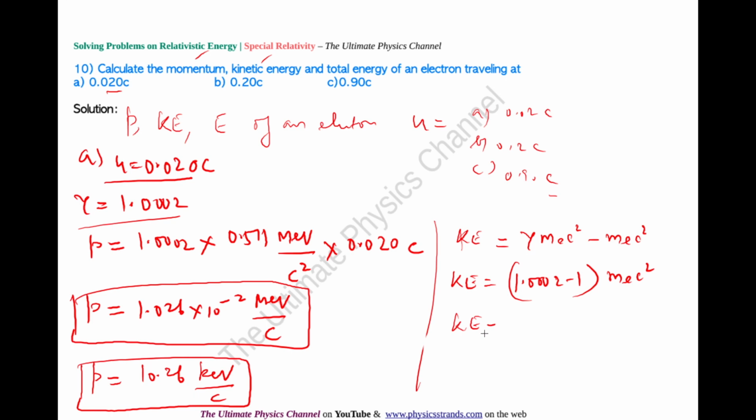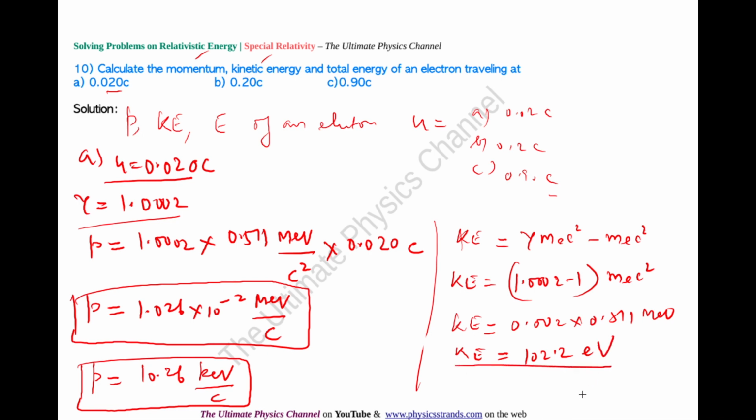Therefore, the kinetic energy, if I work this out, I am getting as 0.002 times 0.511 MeV. That is going to be 102.2 eV.